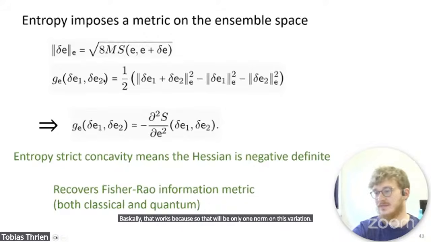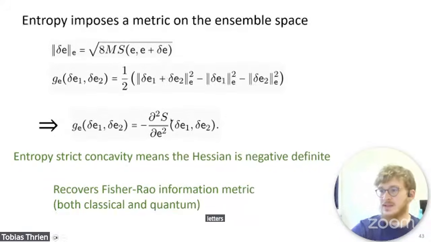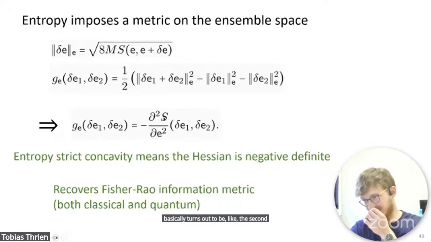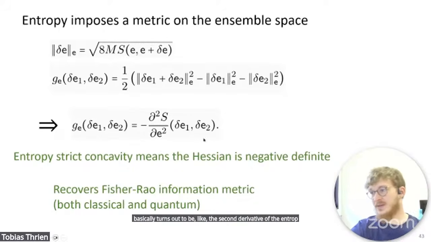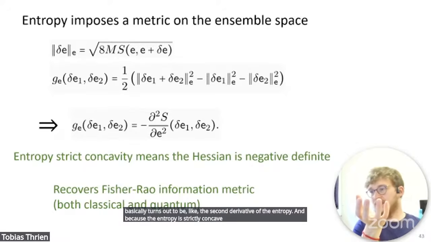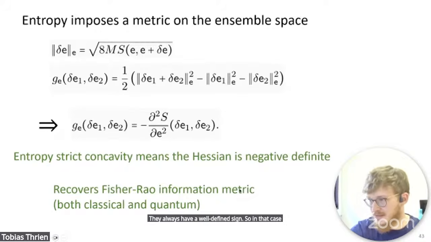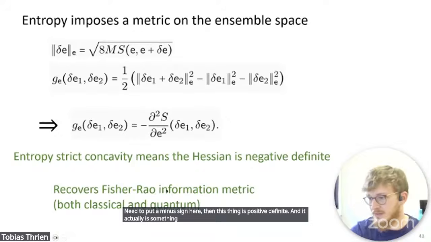Then you can recover something like a metric for two vectors, kind of an angle, and that turns out to be the second derivative of the entropy. Because the entropy is strictly concave, it always has a well-defined sign. So you need to put a minus sign here, then this thing is positive definite. And it actually is something well known already. It's called the Fisher-Rao information metric.